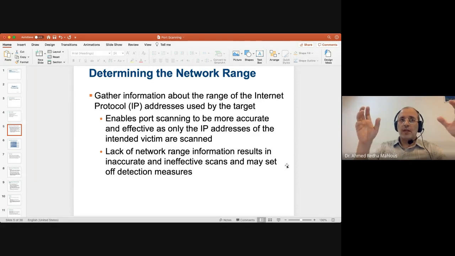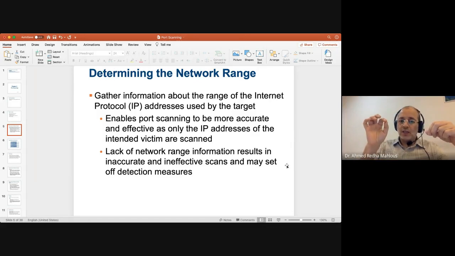You know the IP addresses used by the target, so you will focus on that limited range of IP addresses and scan each machine within that range.